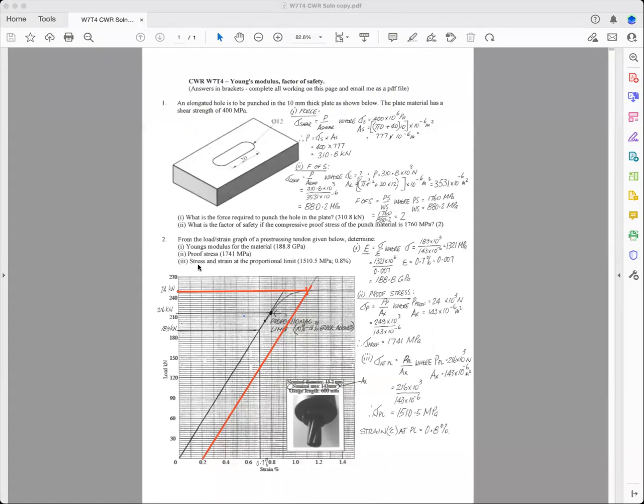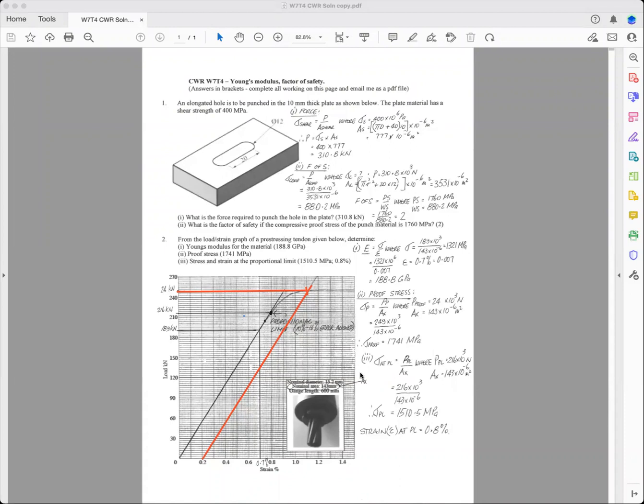Last question, stress and strain at the proportional limit. Now, the proportional limit is where the graph deviates from the straight line. And the examiners give you a fair bit of leeway there because different people select different points for the proportional limit. But we've got the proportional limit there. You can see the graph is deviating from the straight line. So you go across here and you get 216 kilonewtons.